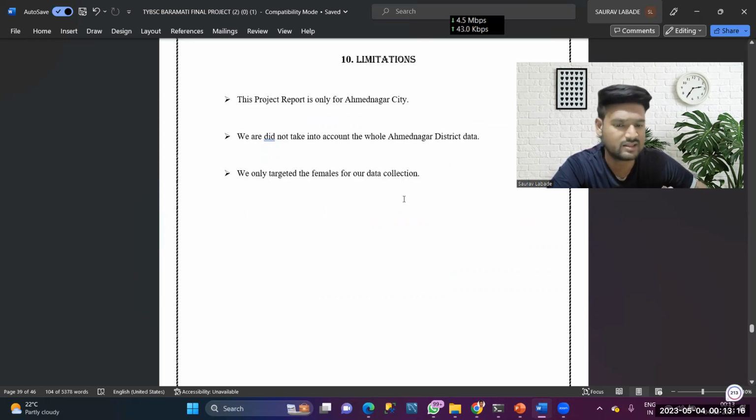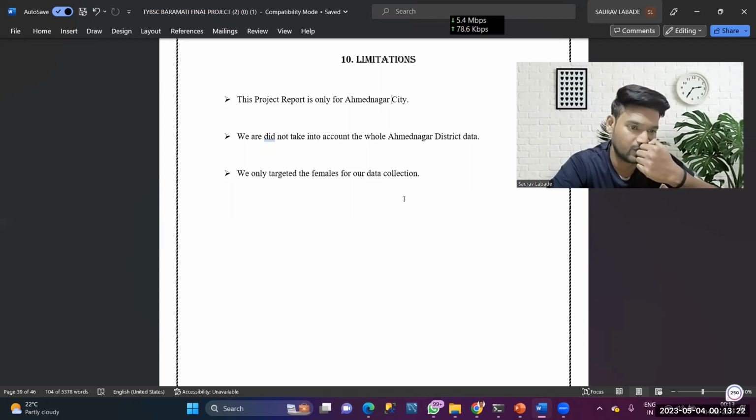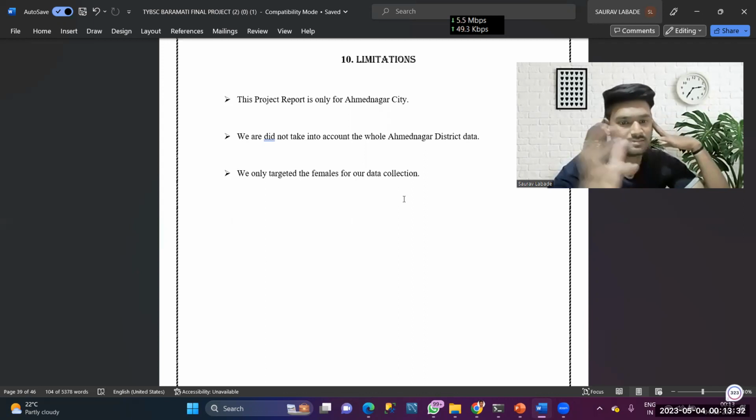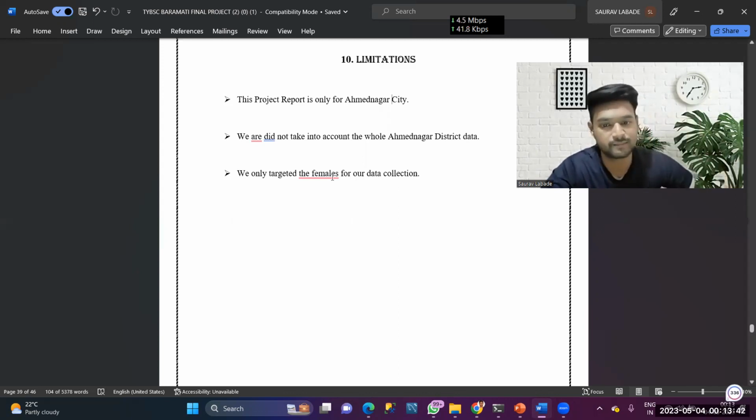Also, in the data there were only females, because when we were collecting the data, it was not possible to go and collect the data from the restaurant. So the target population here is basically all females, and it is the data of females only. That was also one limitation we can say.